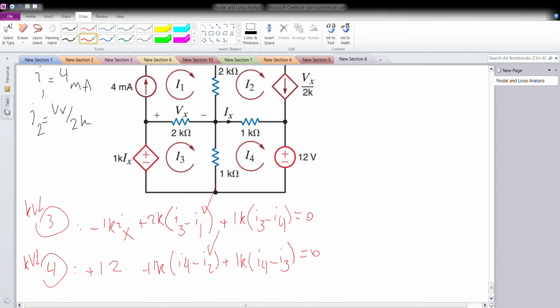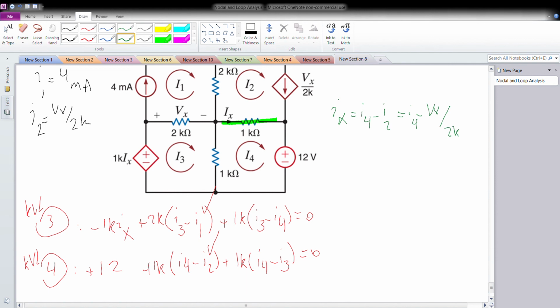So Ix is the current that's on this 1k. Can I define it in terms of my loop currents? Yes, I can. So Ix is going to be equal to the current that's going in the same direction, which is I4, minus the current that's going in the opposite direction, which is I2. And in this case, if I plug in the value for I2, it's going to be I4 minus Vx over 2k. Can I write what Vx is?